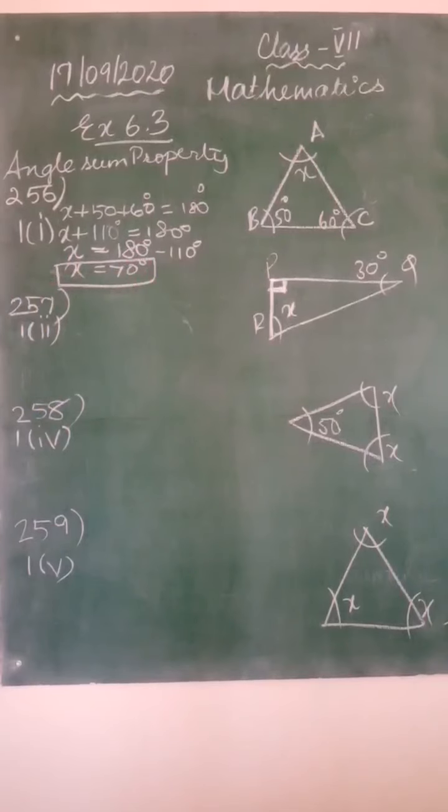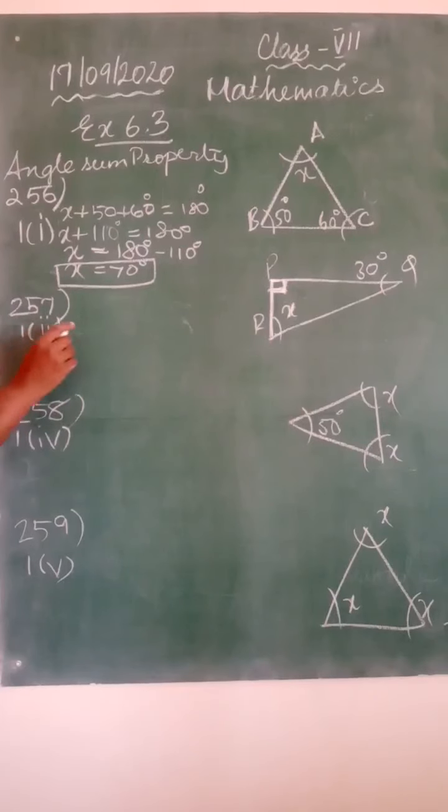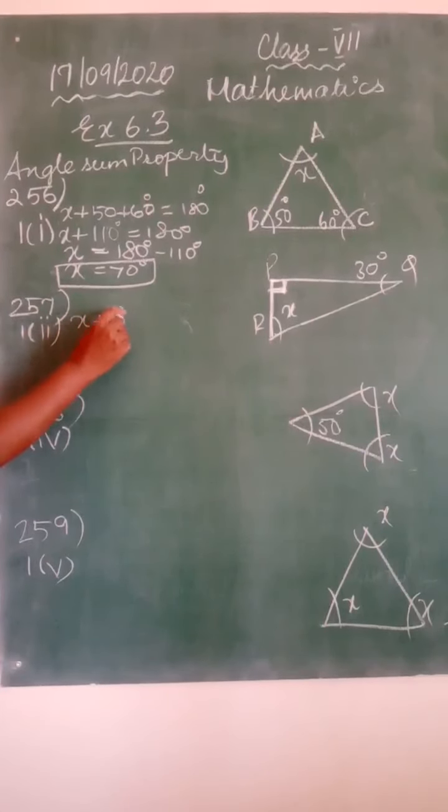Coming to the next one, here only one angle, 30 degrees, is given. The other angle is x, and the other angle is, what is that? Here we have a symbol of a right angle. So that is x plus 30 degrees plus 90 degrees, and 90 degrees is a right angle, right?